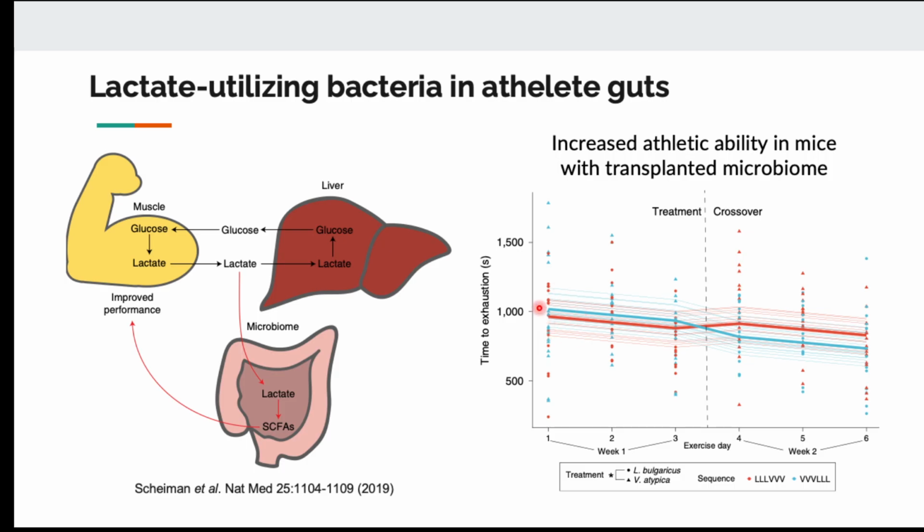If the mouse can run for a longer period, that means the mouse is getting better as an athlete. And they found that by implanting this specific bacteria, they can change the running capability or the strength of the mouse very clearly. So it was an exciting study at the time, because you can modify a person's ability by just changing the gut microbiome.